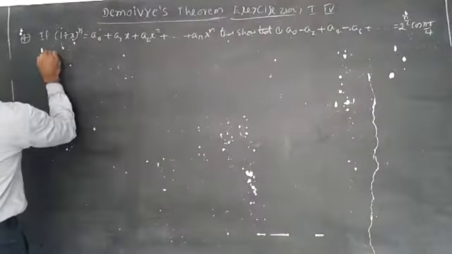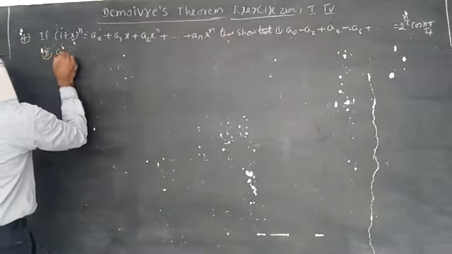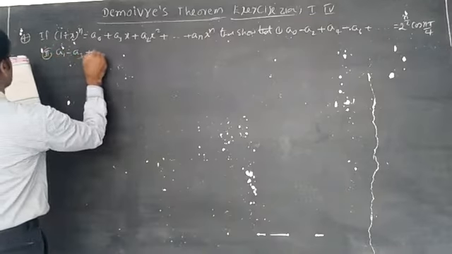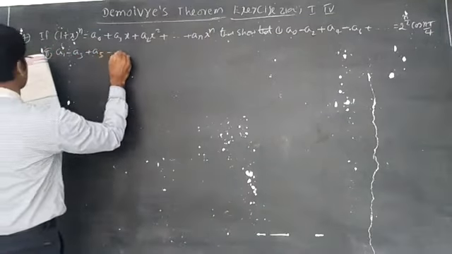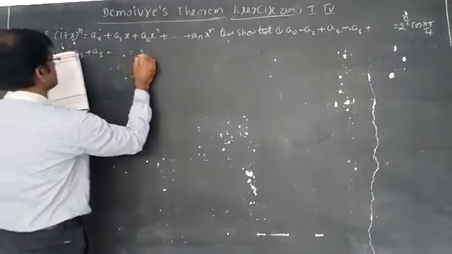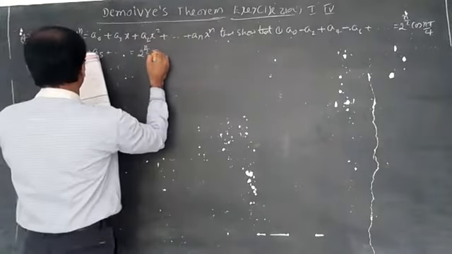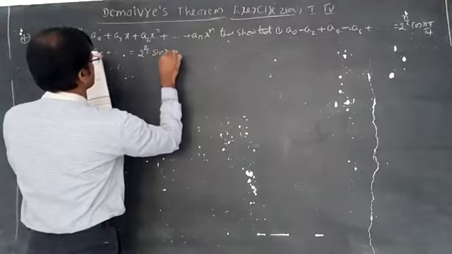Second, a1 minus a3 plus a5 plus so on is equal to 2 power n by 2 into sin(n pi by 4).